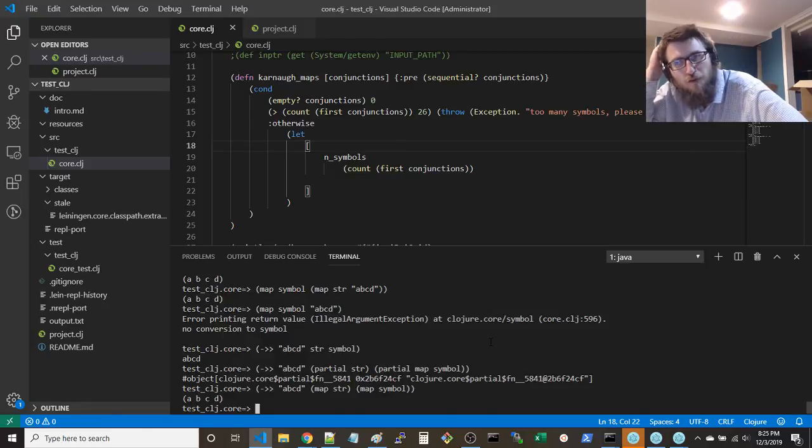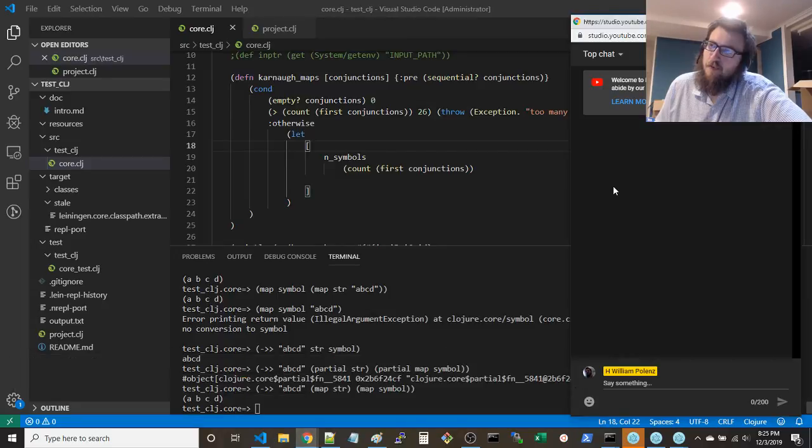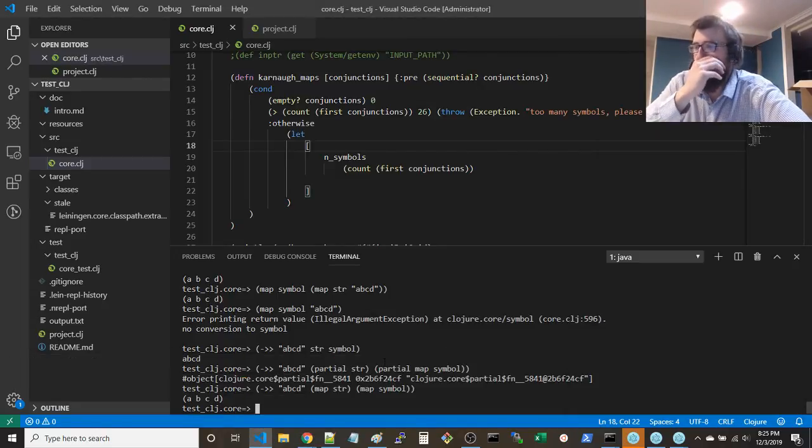Okay. Map string, map symbol. I mean, fair enough.